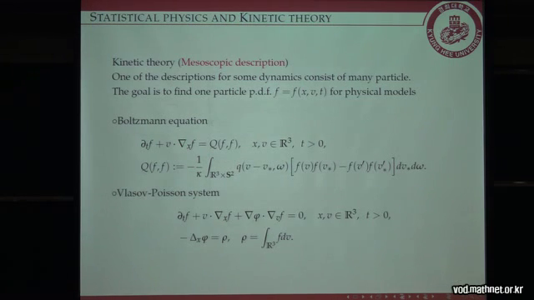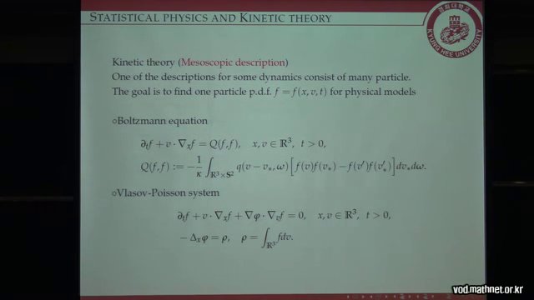So kinetic theory is one description of dynamics consisting of many particles. This is a PDE, and the goal is to find this phase distribution. The most well-known example is the Boltzmann equation. Here is the transport term, and this is the collision operator.